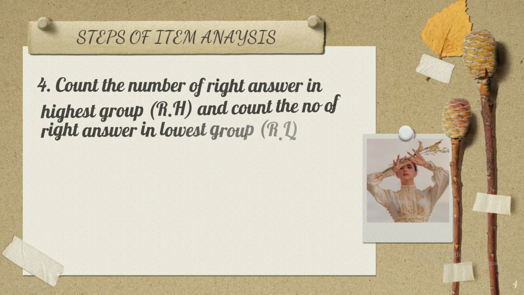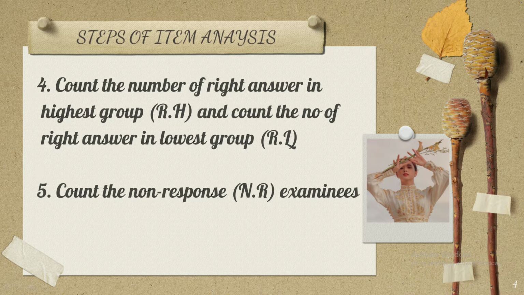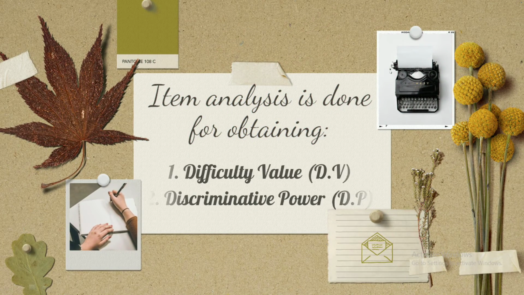And next is to count the number of right answers in the highest group, RH, and count the number of right answers in the lowest group, RL. And the last one is to count the non-response, NR, examinees. Item analysis is done for obtaining, first, difficulty value, DV, and second, discriminative power, DP.